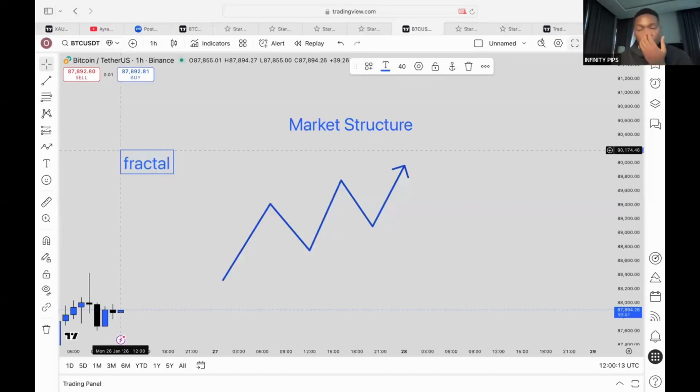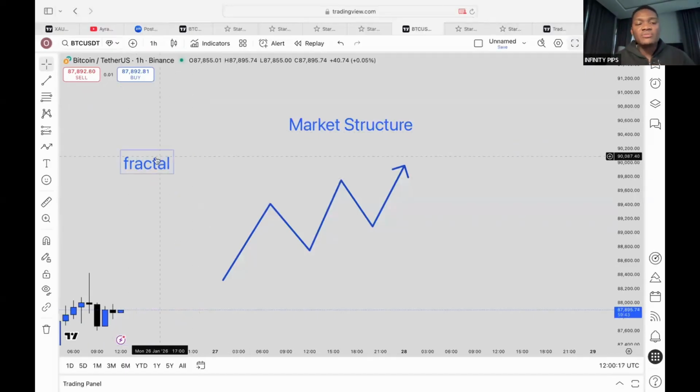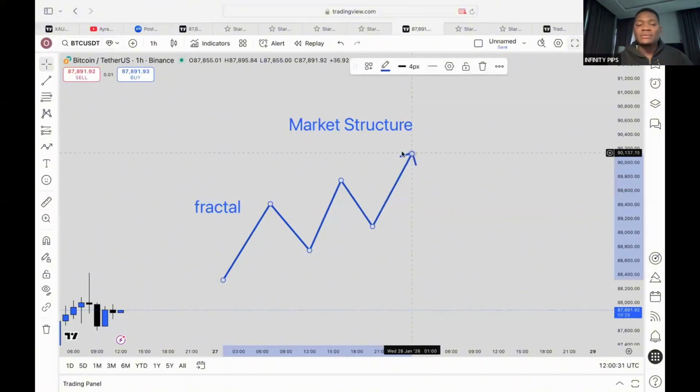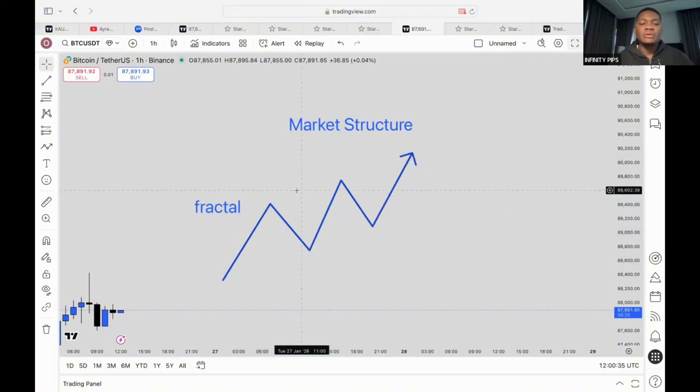Right, good. So this is the fractal movement of the forex. This is what we're expecting. If we're saying the market is going on an uptrend, we expect the market to be going up, down, right? For a proper movement, for a proper pattern. So this is an uptrend pattern, right?